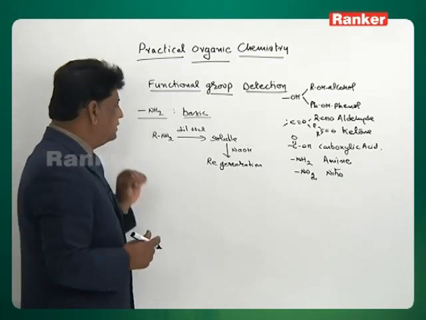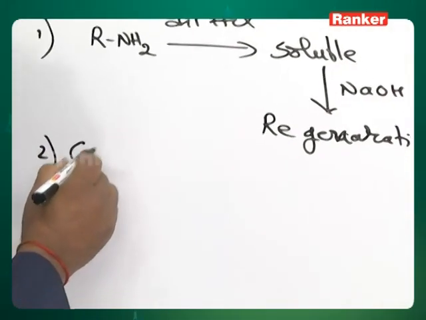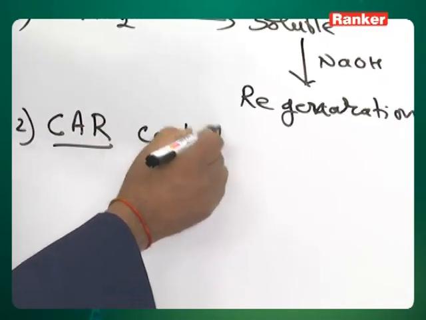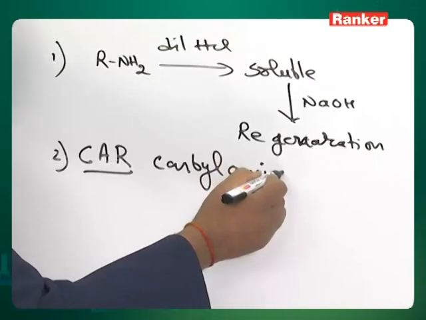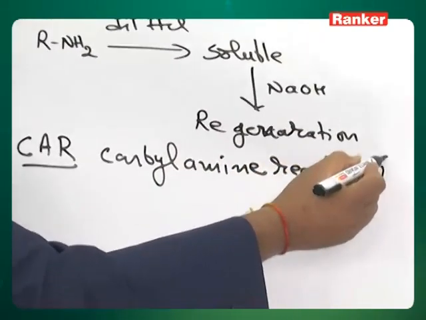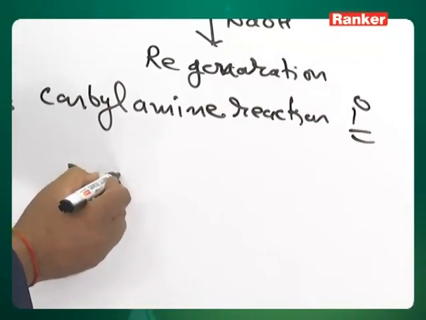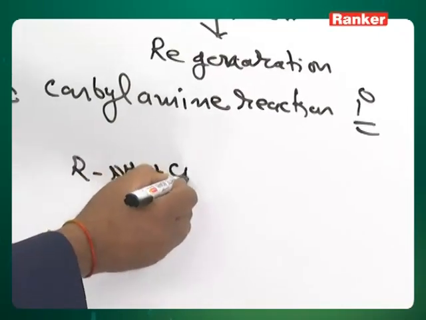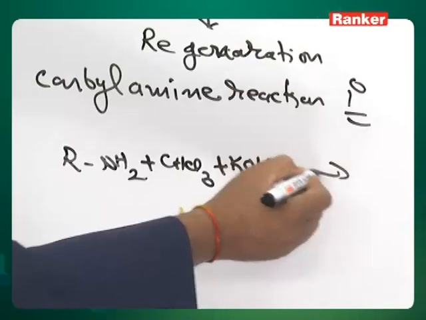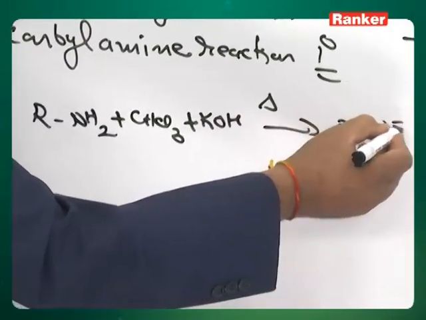However, amines give some characteristic reactions like the carbylamine reaction. But only 1 degree amines give this reaction. Only 1 degree amines are going to give it. All aliphatic as well as aromatic 1 degree amines, when you add chloroform and KOH and boil for some time, the amines are converted into RNC.